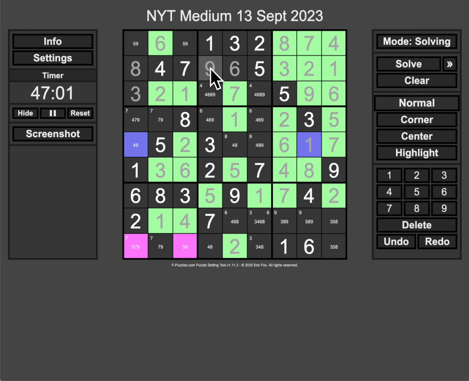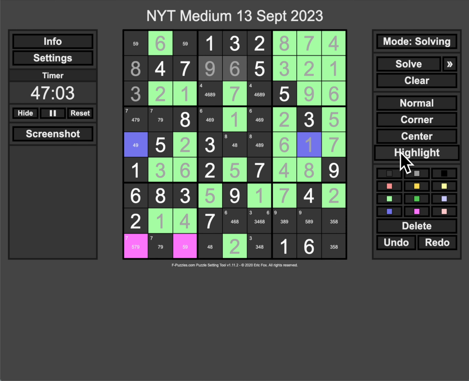That now has to be 9 to finish the box. Excuse me, row 2. These are going to end up as 4, 8, aren't they?